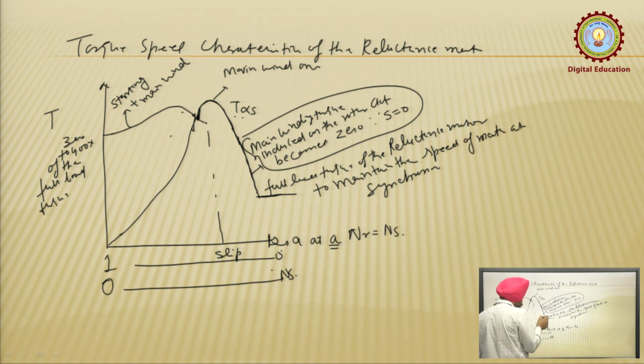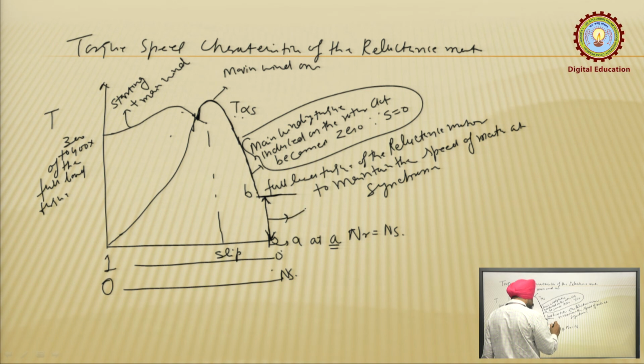Main winding torque is 0, but this portion is not 0. Suppose this is our point B. Okay. For this particular length from A to B, this is the magnitude of the torque, and this is known as the reluctance torque, not the induction torque. At synchronous speed, it becomes 0. It does not follow the induction motor phenomena.